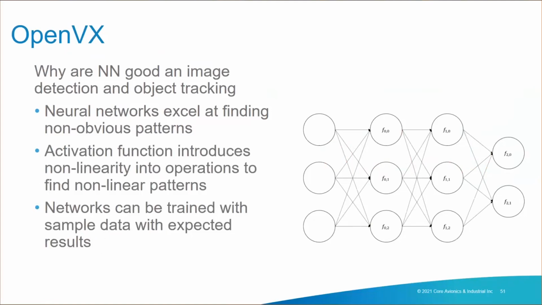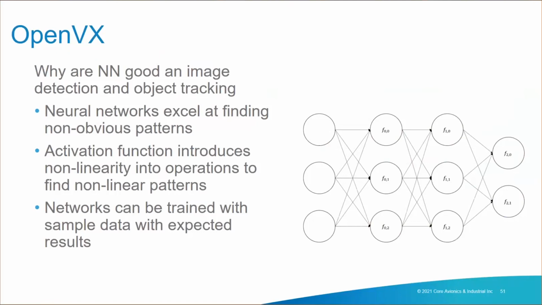It could really be anything. It could be a point cloud of data. It could be very obscure data from a specific sensor. It could be audio data. It could be anything. And the reason neural networks excel at finding these non-obvious patterns is because they have things called activation functions that introduce non-linearity into the operations they're doing, which basically allows them to find non-linear patterns within the data set.